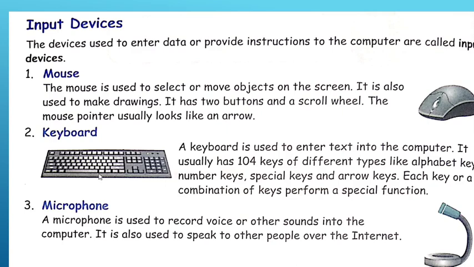Then on both sides of the keyboard, this end and this end, you have alternate keys, shift keys and control keys. So it performs some special function depending on the type of work that you do through keyboard.